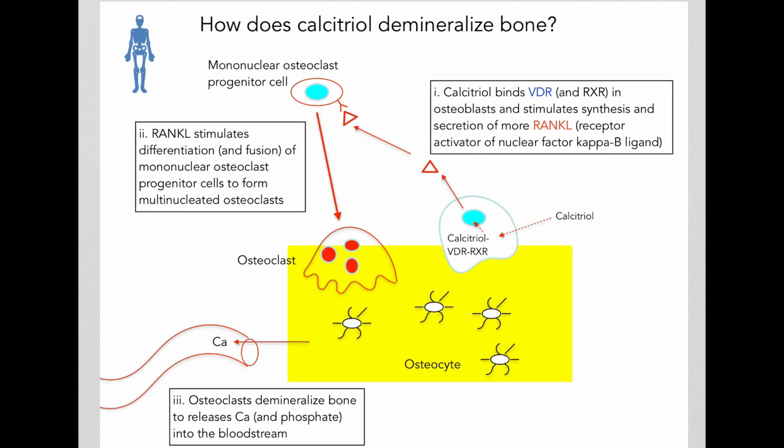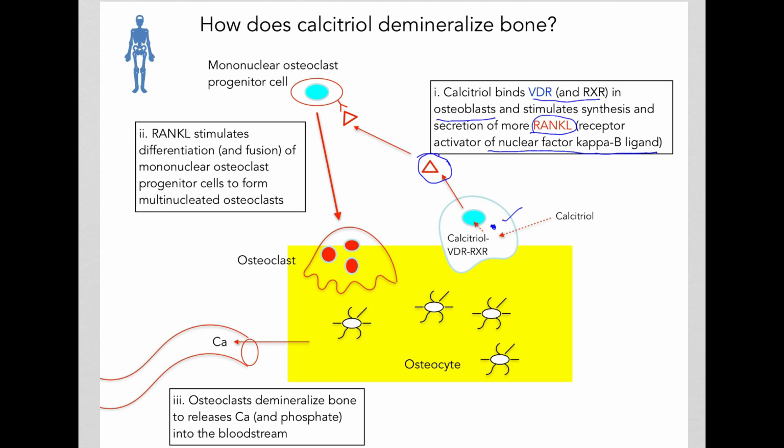Now, how does calcitriol demineralize bone? Well, calcitriol once again binds VDR and RXR, goes to the nucleus of the cells, these osteoblast cells, and in the nucleus of the osteoblast cells, it will bind to the genes for RANKL, receptor activator of nuclear factor kappa B ligand, and that will increase the production and secretion of RANKL by the osteoblast.